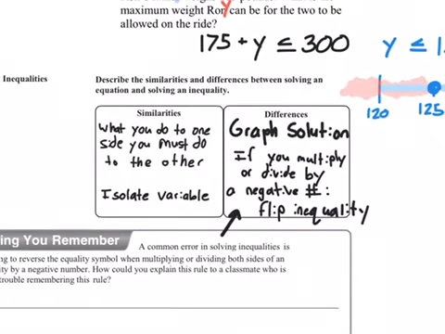All right. So that's the only two differences. You must graph the solution, and if you divide by a negative number, you must flip the inequality.